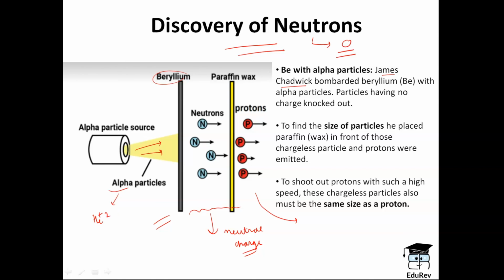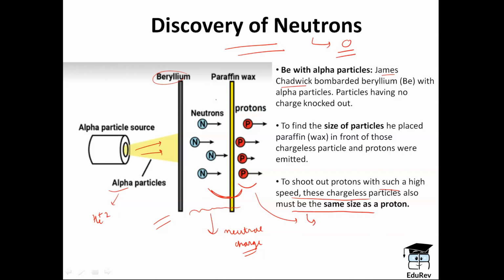The mass of these ejected particles was estimated, which led to the conclusion that the mysterious rays consisted of particles having the same mass as that of protons. To shoot out protons with such a high speed, these chargeless particles also must be the same size as that of protons.